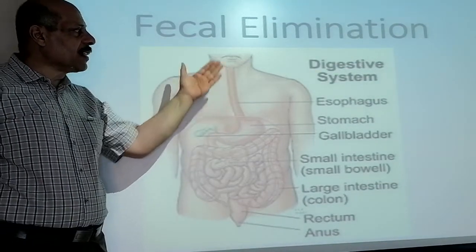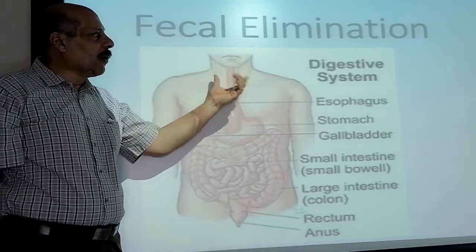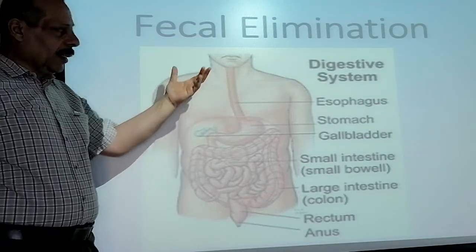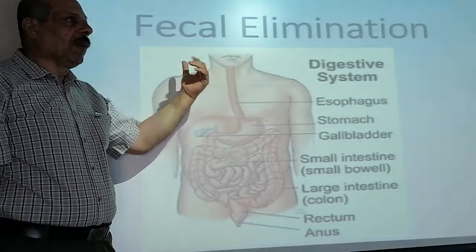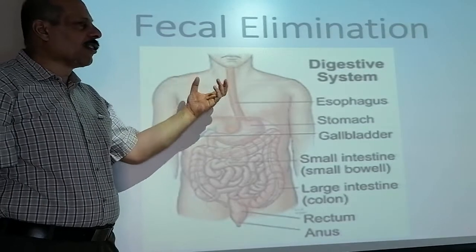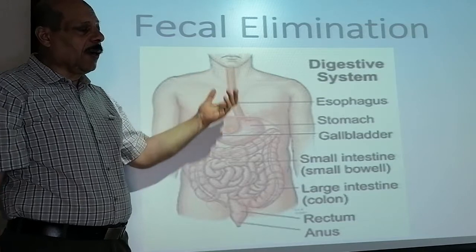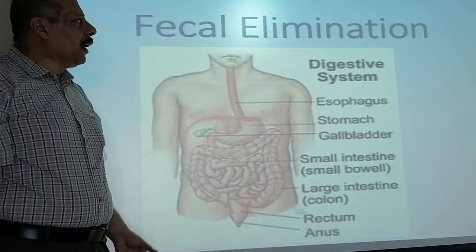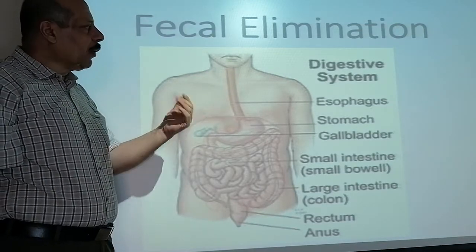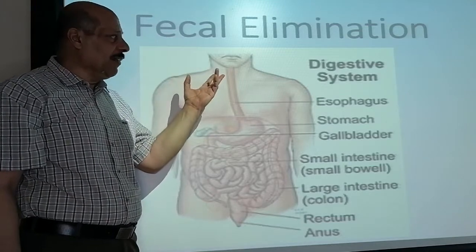The digestive system starts from the mouth, which is also the first site of digestion. It will start in the mouth itself, by chewing the food and mixing it with the saliva.